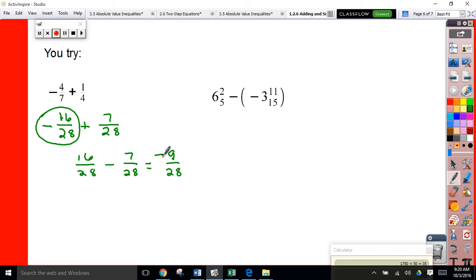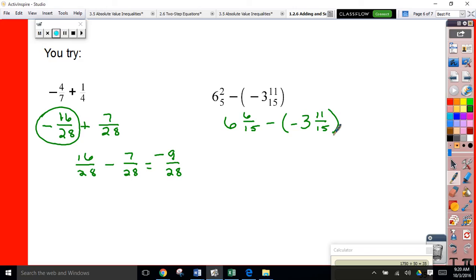Okay, next one, Mackenzie. I used 15 as common denominator. Okay, so you got a common denominator first. So you had 6 and how many 15ths? 6/15. Good, 6 and 6/15 minus negative 3 and 11/15. Okay, good. What do I do next, Sammy? You subtract 3, 6 and 6, 11s... wait, not quite.